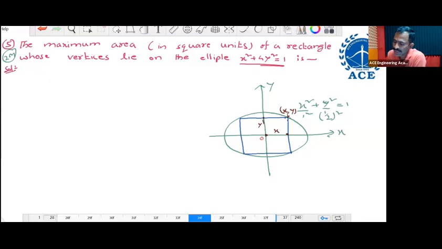This coordinate of a point on the curve is one of the vertices of this rectangle.